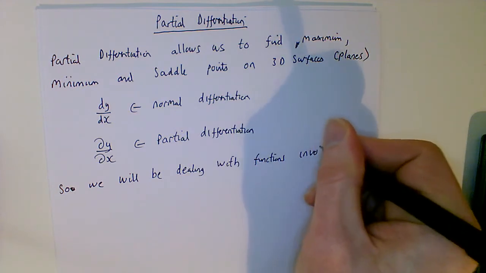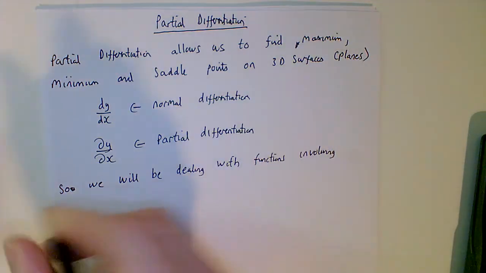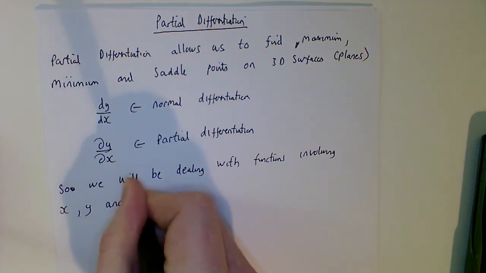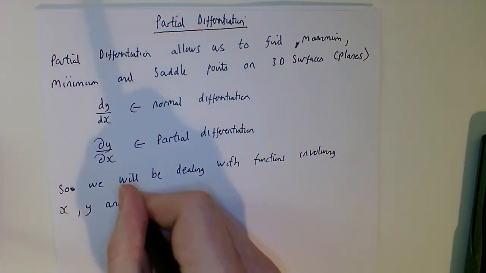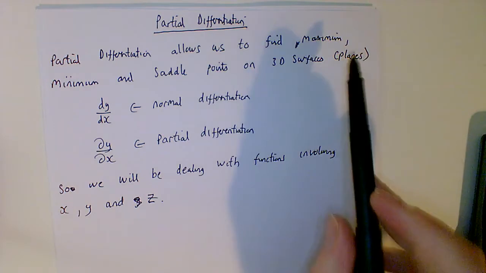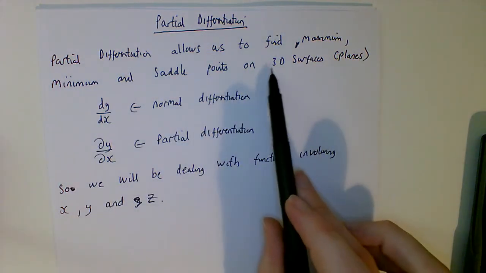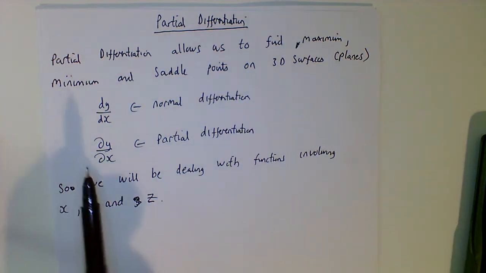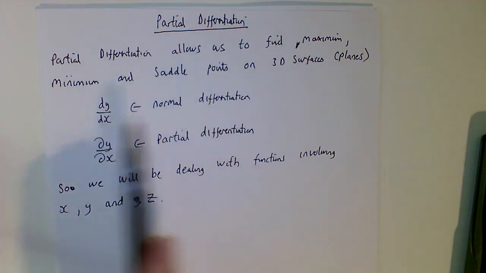Dealing with functions involving x, y, and z this time. Okay, so partial differentiation allows us to find maximum, minimum, and saddle points on three-dimensional planes or surfaces. Now, normal differentiation is just dy by dx.